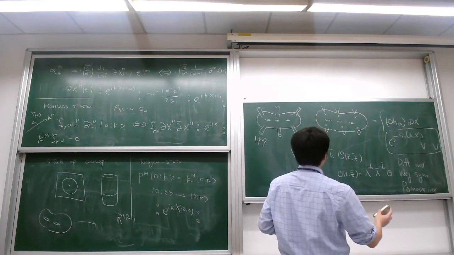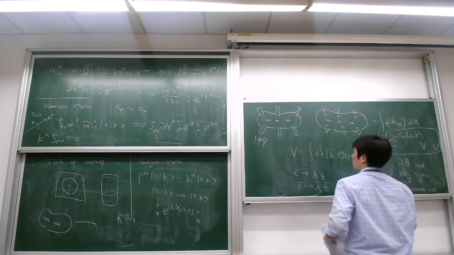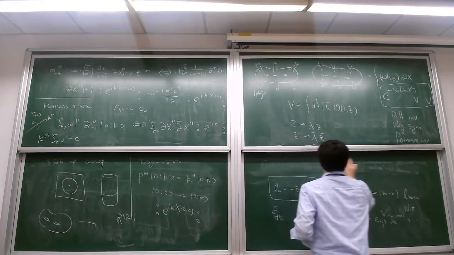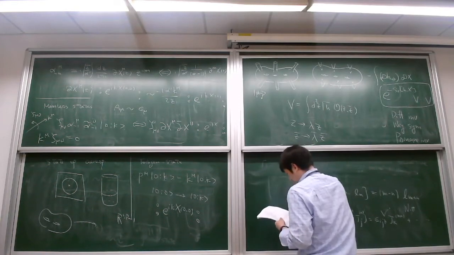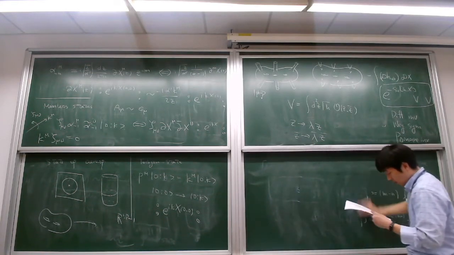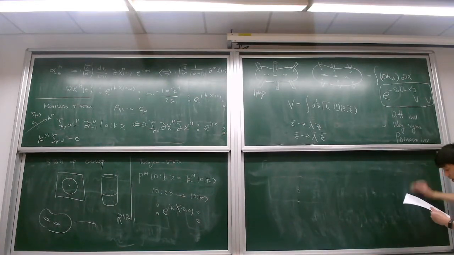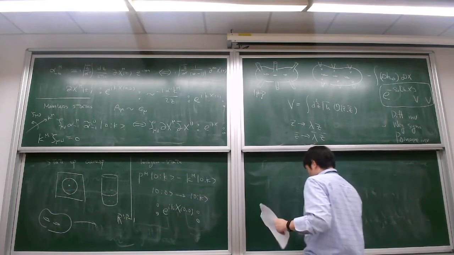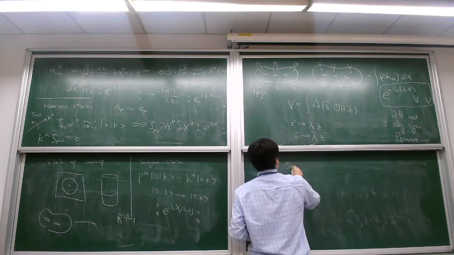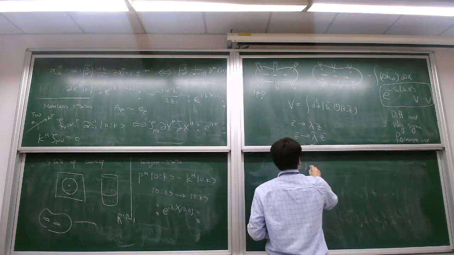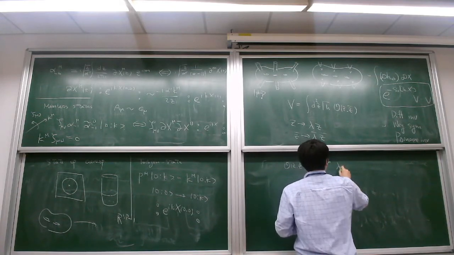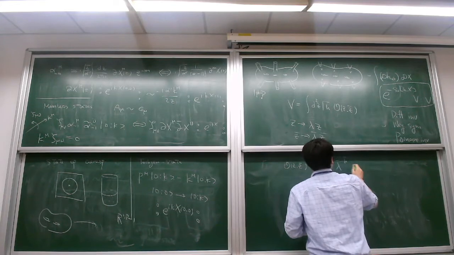So an operator O(z, z bar) under scale transformation just picks up the scaling by its conformal dimension.